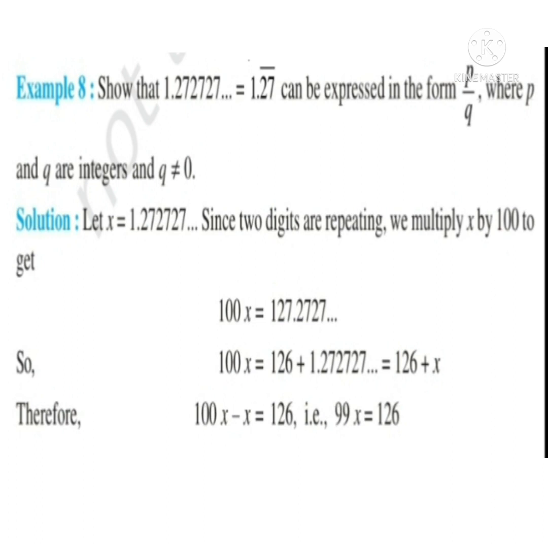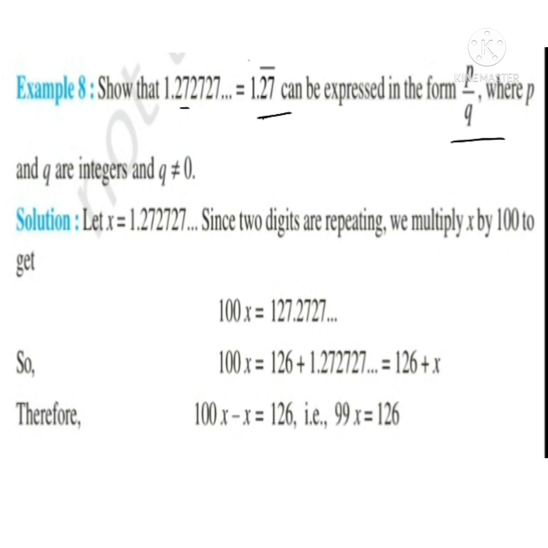Now the next question. We have to express 1.272727 in the form of p by q. Here two numbers are repeating. We can see that 27 keeps on repeating.